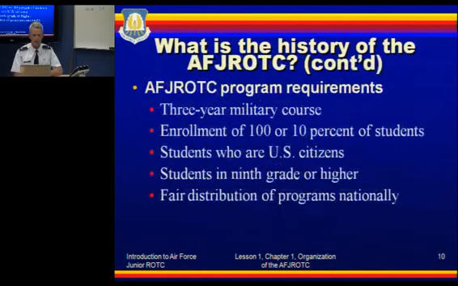This is the basics of our junior ROTC program: it's a 3-year program. So truly, most units, not ours, because we're kind of unusual, have an AS1 for freshmen, AS2 for sophomores, AS300 for juniors.